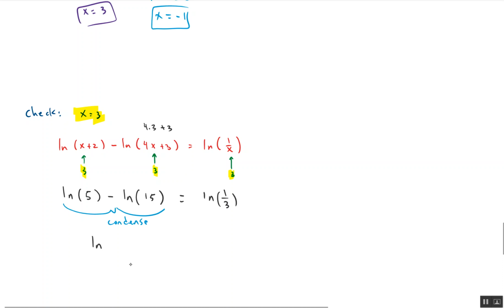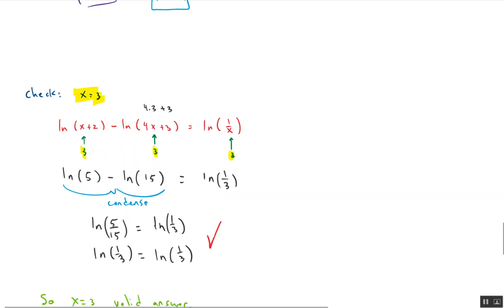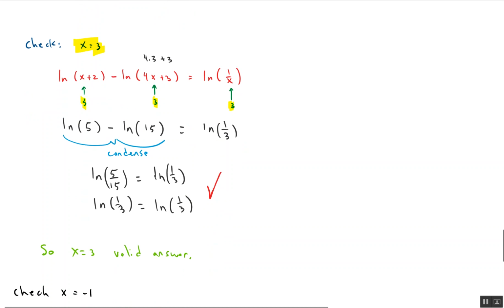So we can say the ln of the first one divided by the input of the second one equals the ln of 1 over 3. And here we can see, perfect, 5 over 15 is the same thing as 1 over 3. Sweet, we just verified we got a mathematically true statement. So we know that x equals 3 is a valid answer.